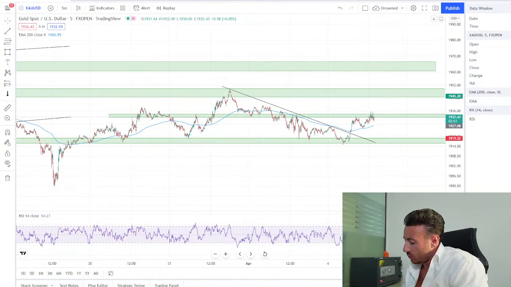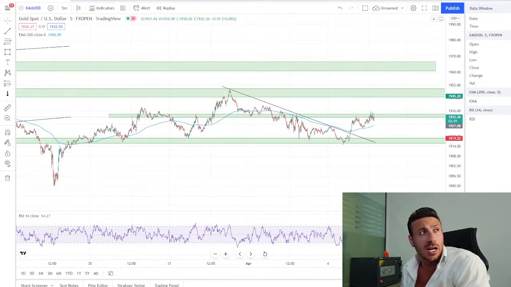So far, we made around $300 just scalping the market.